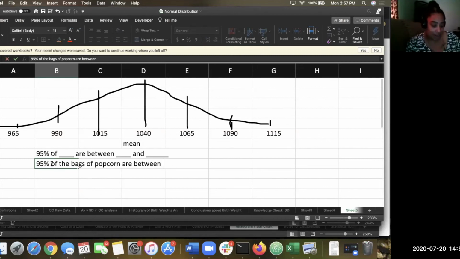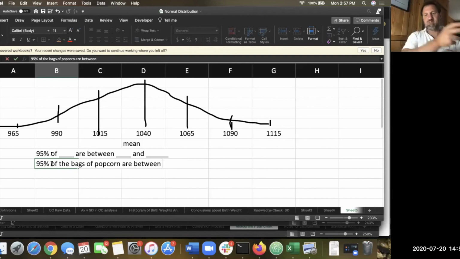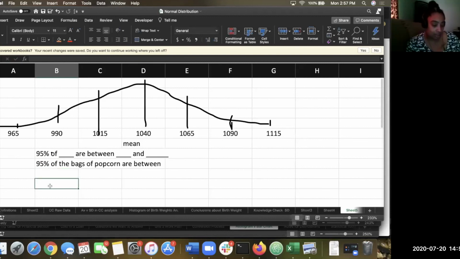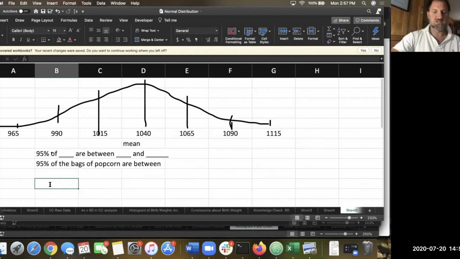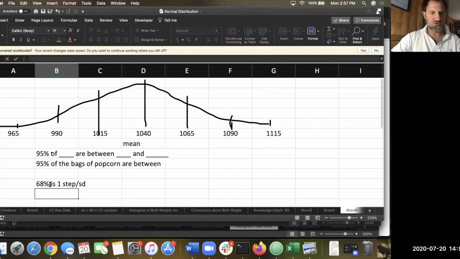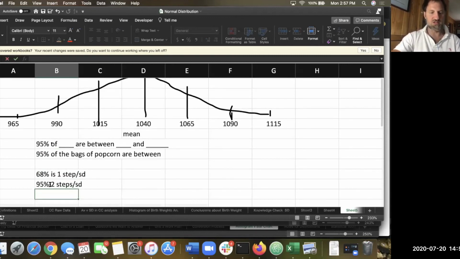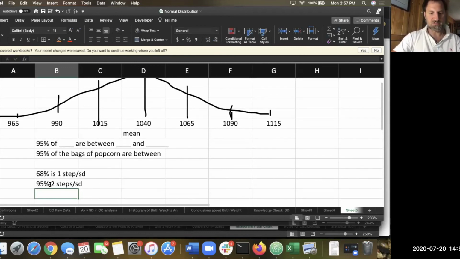and this is where you have to connect the 95% with how many steps you're going. So 68% is one step or one standard deviation. 95% is two steps or two standard deviations. And 99.7% is three steps or three standard deviations.